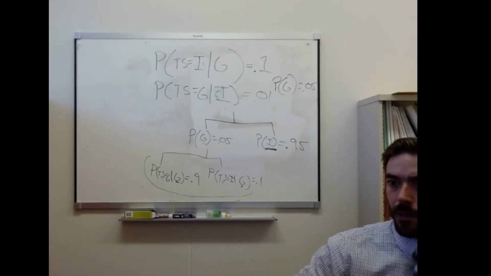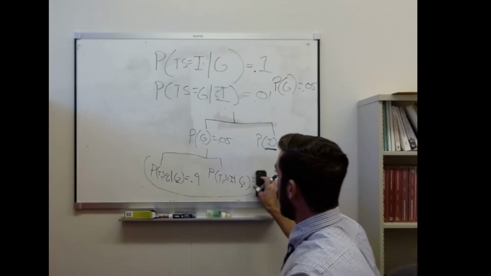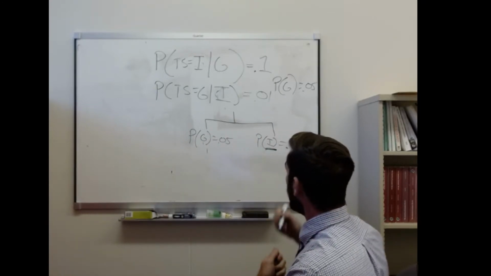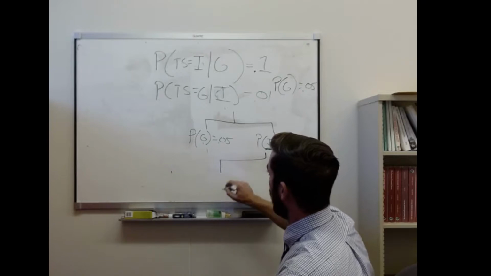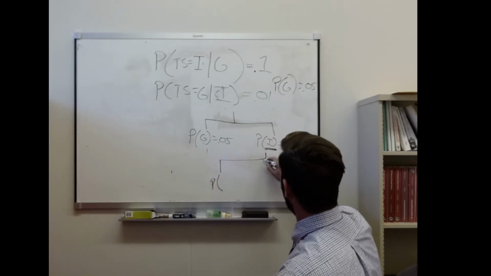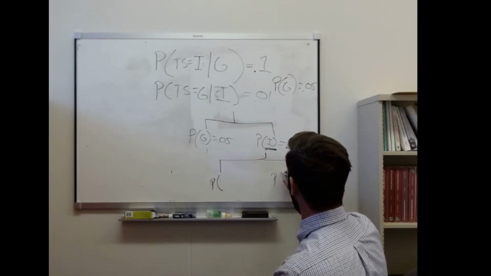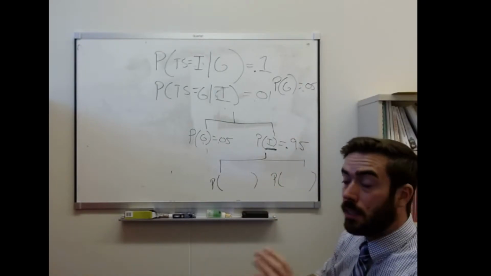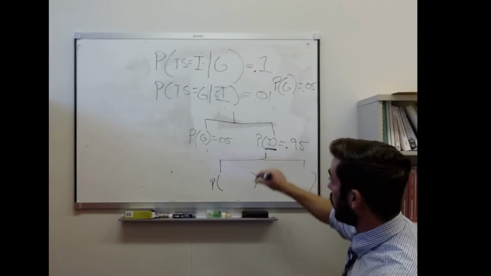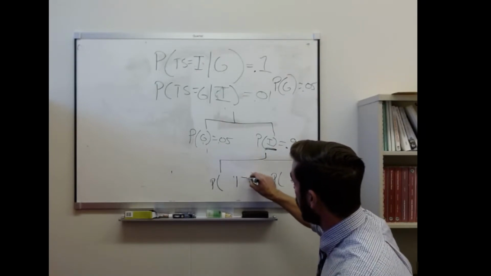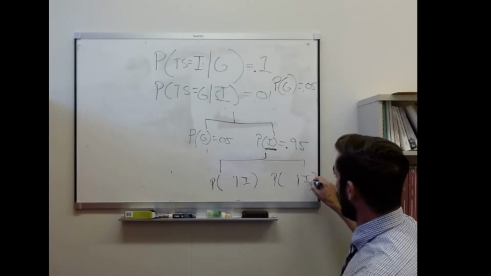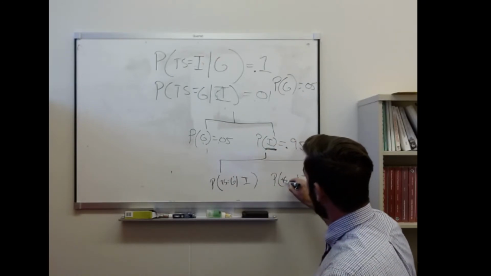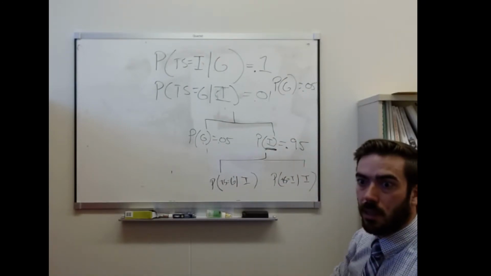Need my eraser here. So just to give myself a little bit more room, I'll rewrite that in a second. So here we want to find two probabilities. Both of them will condition on the state of nature of the side of the tree we're on. So given that someone's innocent, and here we'll say the probability the truth theorem makes them say they're guilty, the truth theorem makes them say they're innocent.